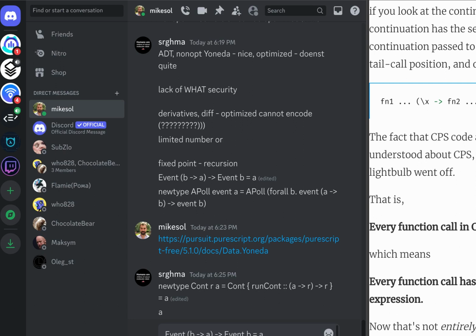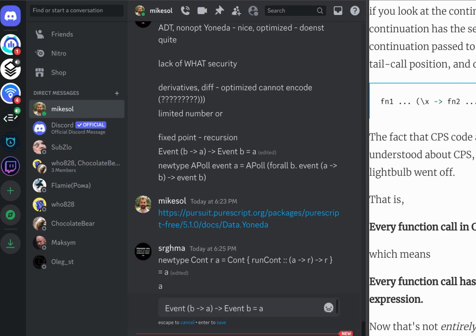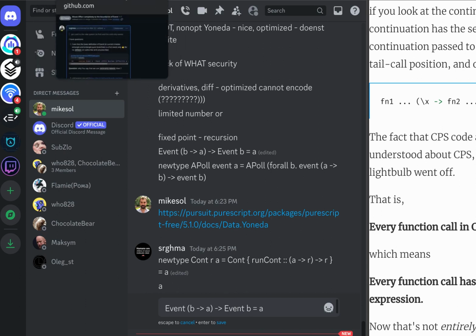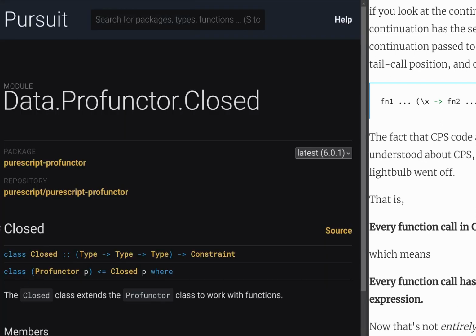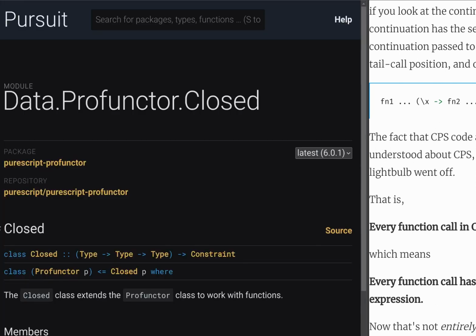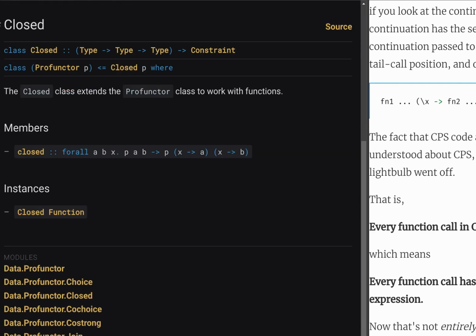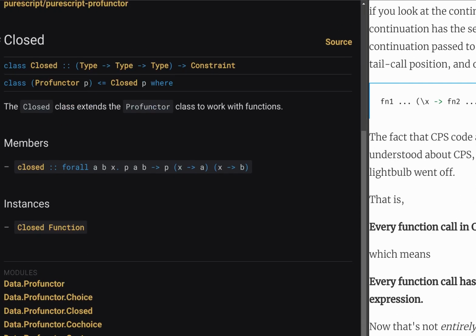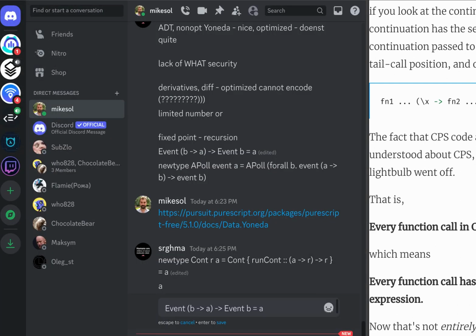I'll send it to you. When I talk about this notion of being locked, there's a profunctor called closed that functions in a very similar way. There are many profunctors that you could take and lock. A function you could lock with an arbitrary key, and then you need that key to open it back up again. In this case, that key is X. Here with Yoneda and event Kant, you need a key to open them.